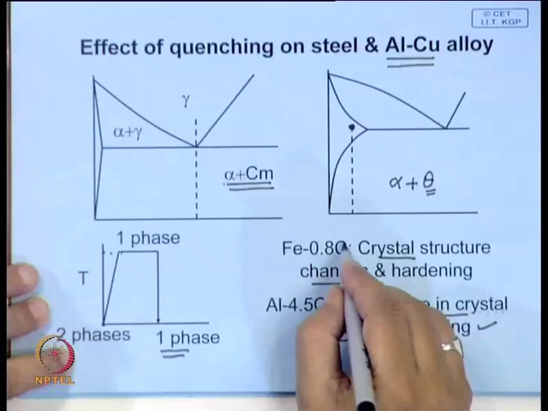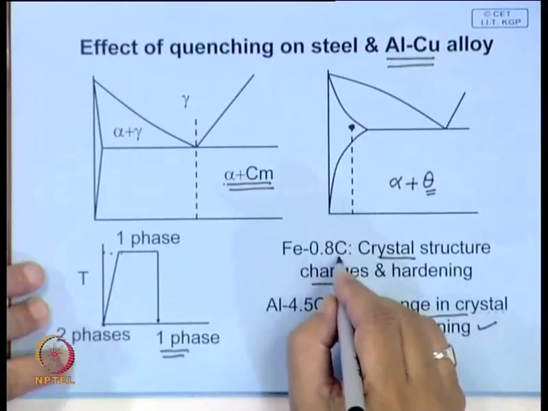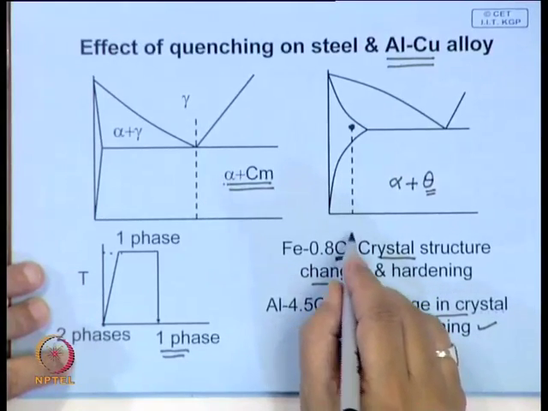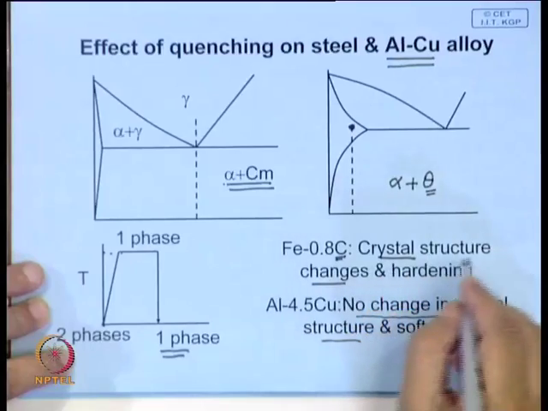keeping by force a much larger amount of carbon in the lattice, and the lattice gets distorted.